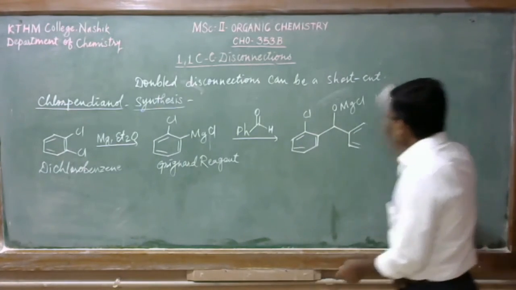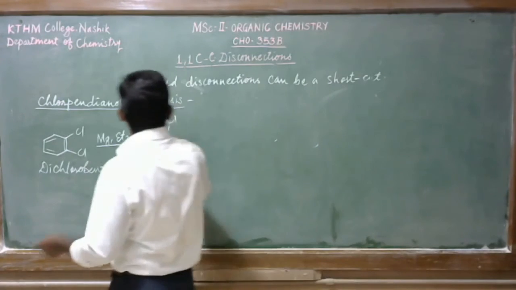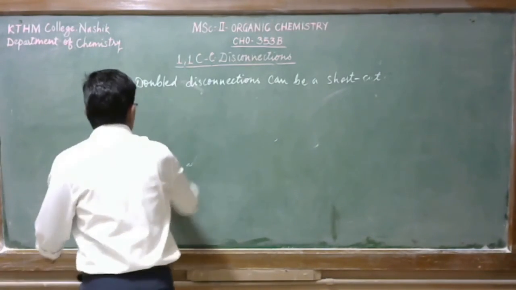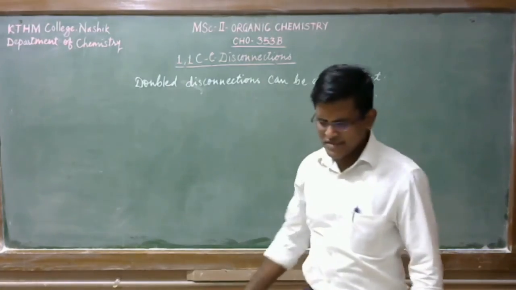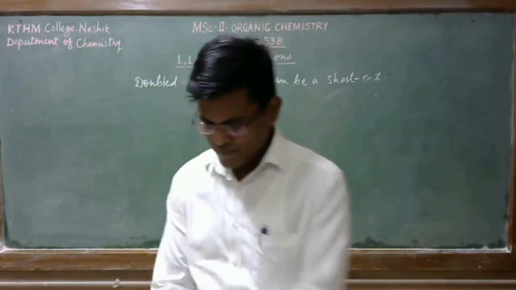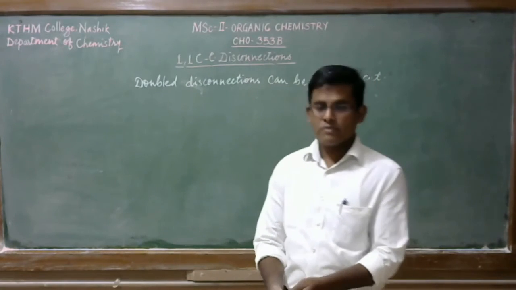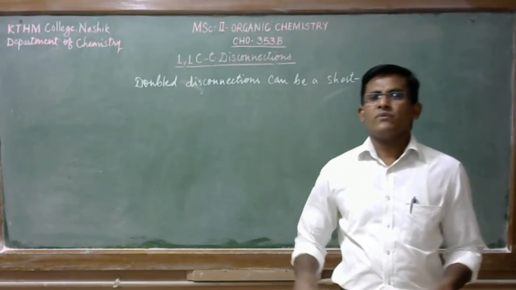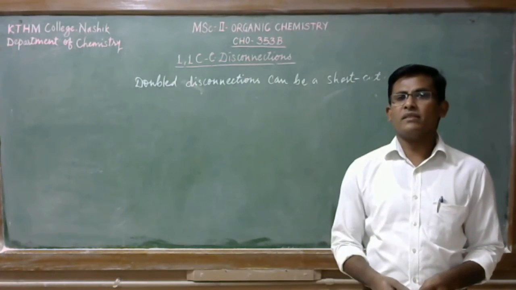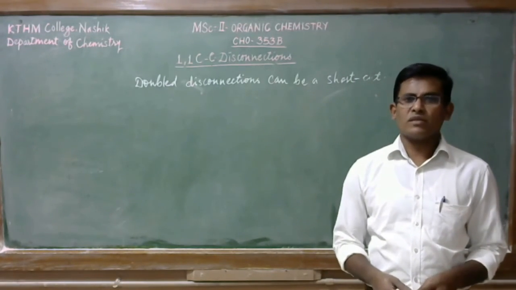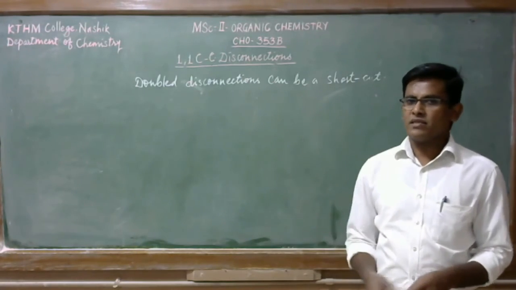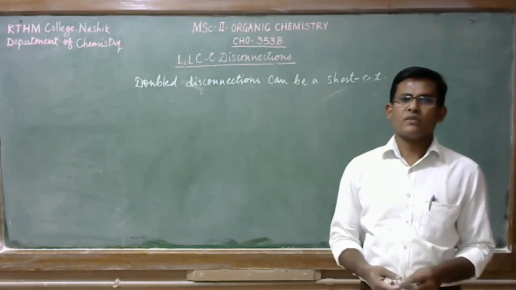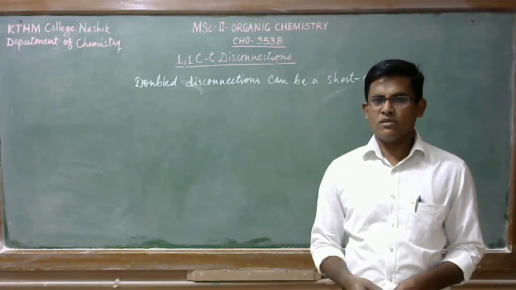So these are the 1,1 carbon-carbon disconnections we have seen, which are involved in tertiary alcohol, secondary alcohol, and ketone. Ketone means after functional group interconversion we could get secondary alcohol.